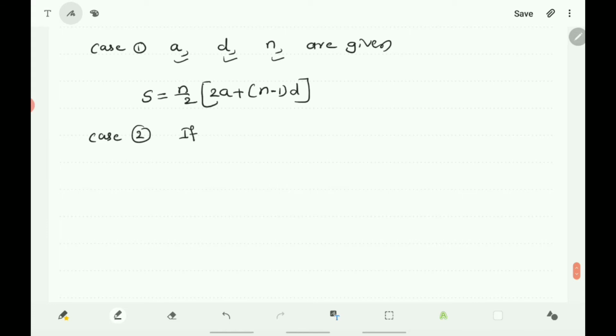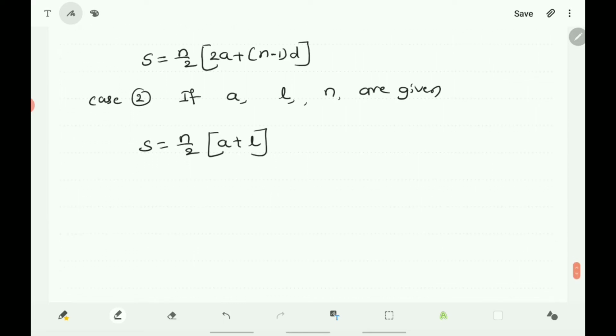If first term A, last term L, and number of terms n are given, S equals n by 2 into A plus L. Here L is the nth term, that is the last term. You know that L equals An.